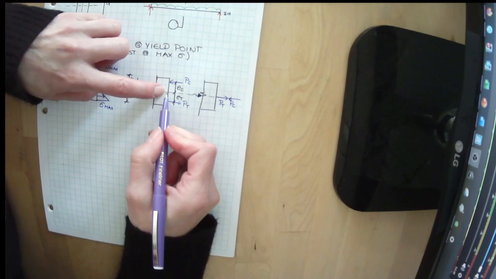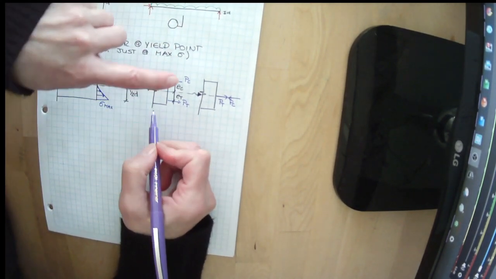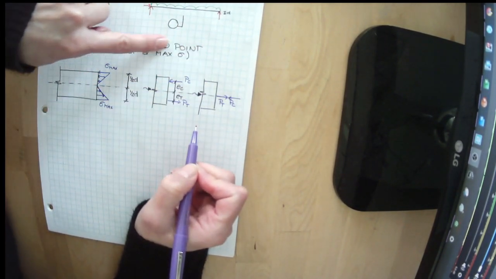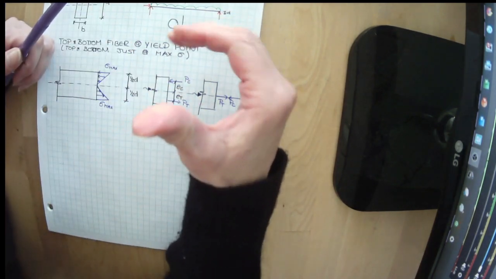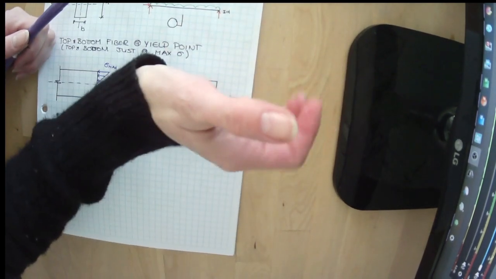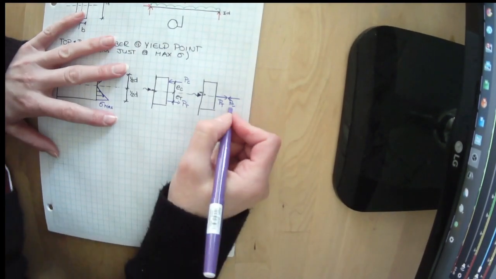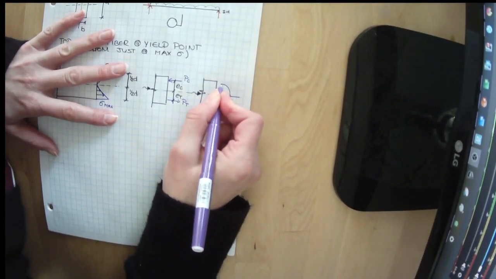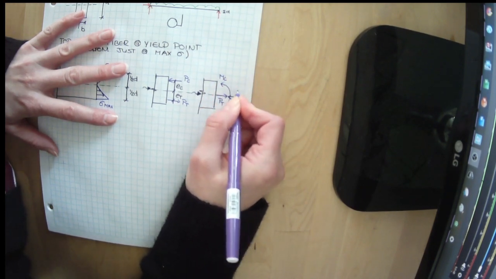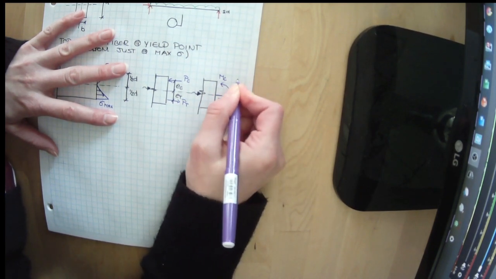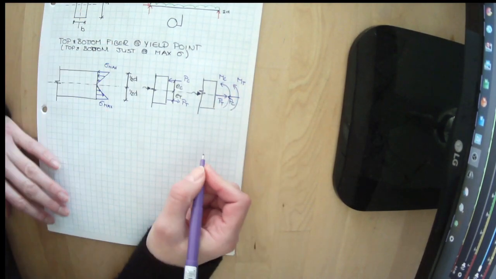If this is our neutral axis or our centroid, this is trying to spin it in that direction, and this is also trying to spin it in that direction. They're both trying to spin it in the same direction. So that's the moment due to compression, and that's the moment due to tension.